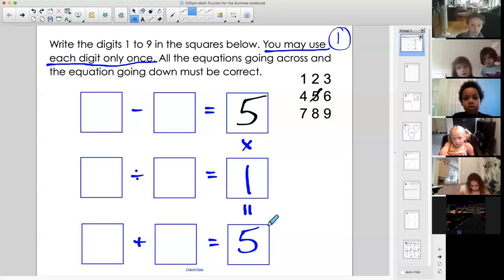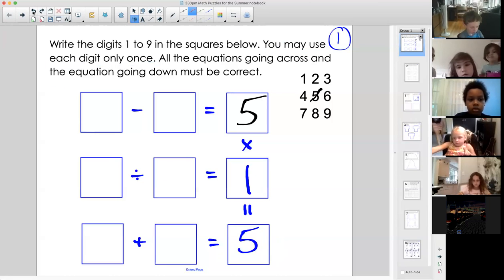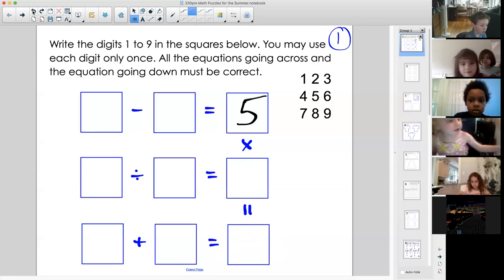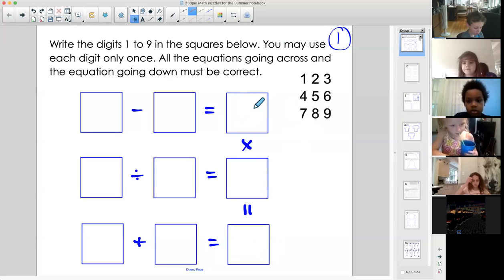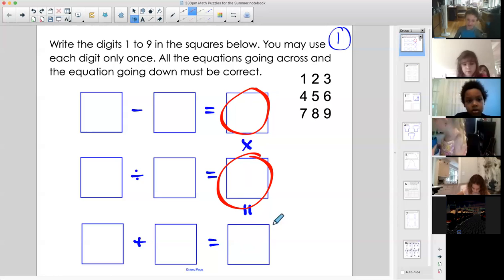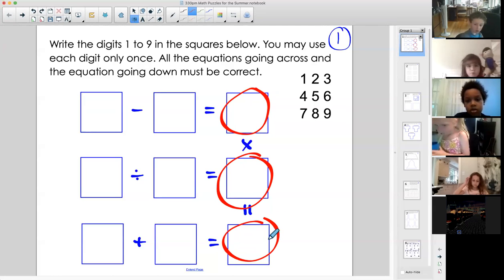Did I use the number 5 once or twice? Yeah, guess what? Mr. Kramer also made a mistake. So I can't put the number 5 in there. No way. But what numbers can I put here and here and here?